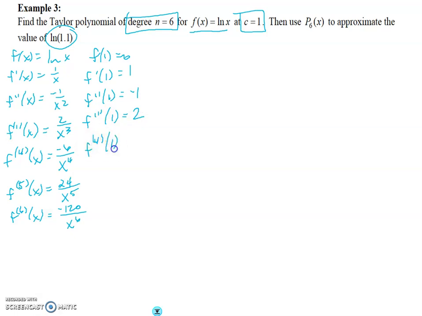The fourth derivative evaluated at 1 is going to give me a negative 6. The fifth derivative evaluated at 1 is going to give me 24. And then the sixth derivative evaluated at 1 is going to give me a negative 120.